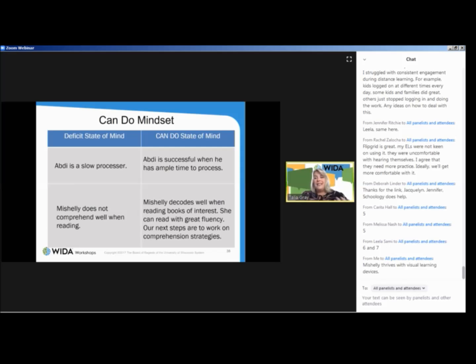So you can see here that the way that we speak about our students really makes a difference when we're thinking of how to help. We have to have this can-do mindset in mind. Two years ago for New Year's, I gave up using the word low when I was talking to or about my students.